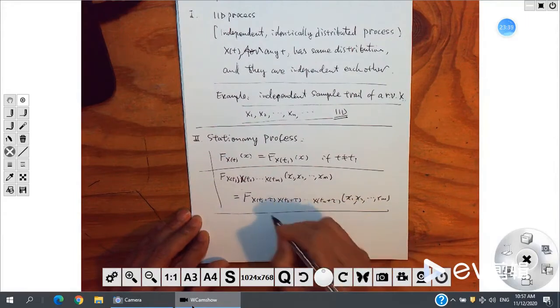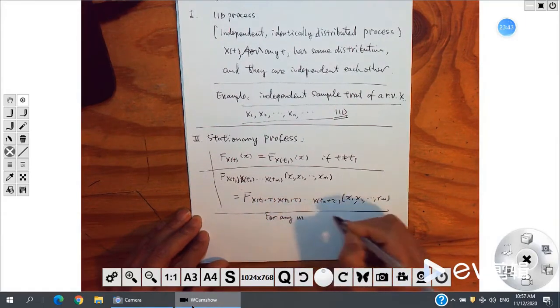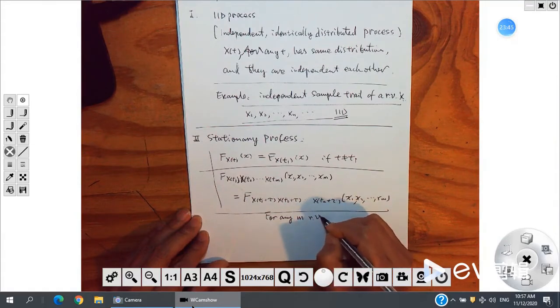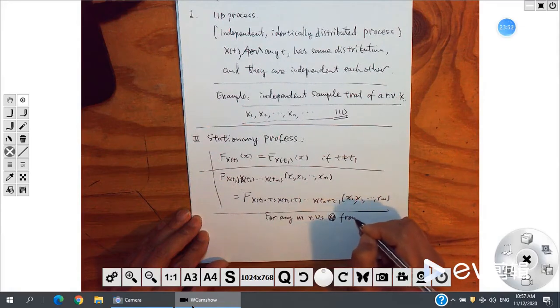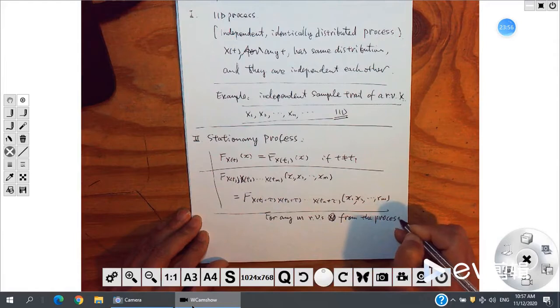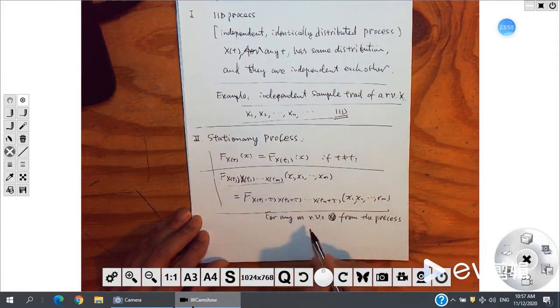The second one is for any m random variables from the process. The first one you pick m, and then you use another m.